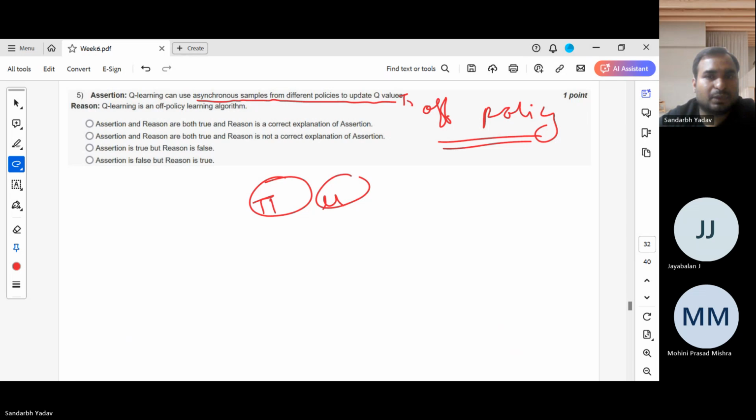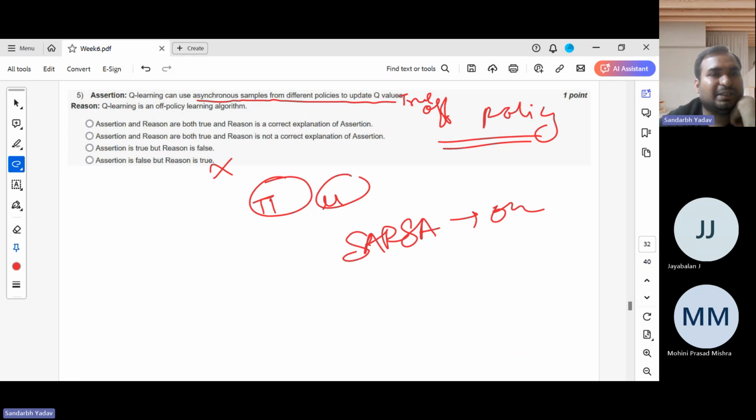This is true, so this one is ruled out. Q learning is an off policy learning algorithm. I have already mentioned that SARSA is on policy and Q learning is off policy. This is definitely true, but you need to see whether it is the reason. Yeah, it seems like this is the reason.